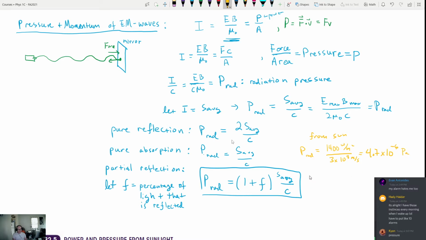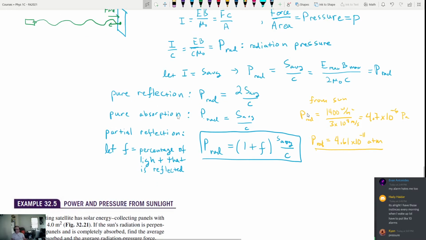If we want to compare that in atmospheres, we would have to divide by 1.013 times 10 to the fifth, basically divide by 100,000. So in terms of atmospheres, this radiation pressure would be equal to 4.61 times 10 to the minus 11 atmospheres, if you're more comfortable with that version.